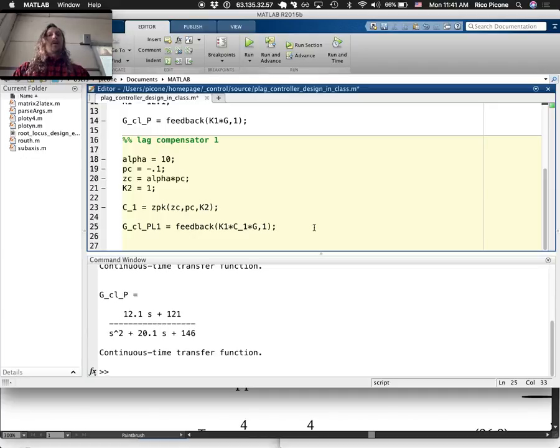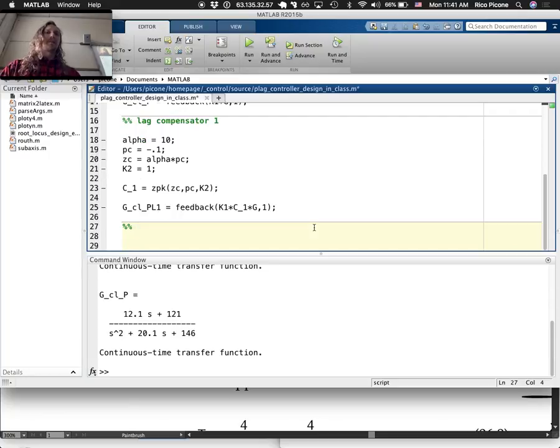Now at this point we could do another root locus. That was the optional second root locus to look at and see if we need to tweak K2 a little bit. But since we're probably going to go through this iteration several times, I think going to simulation now is probably the right move. So let's do simulation down here.